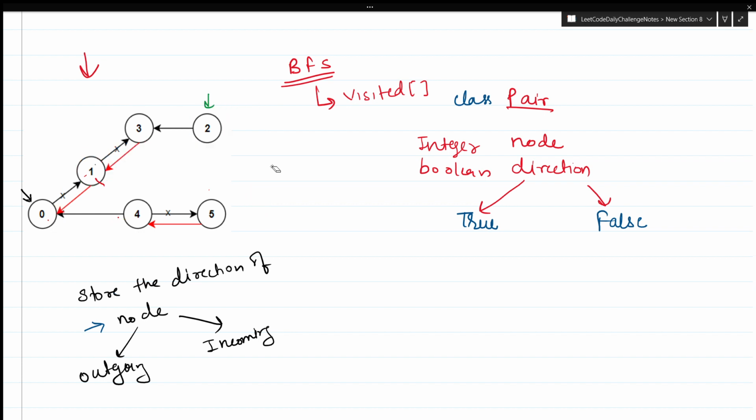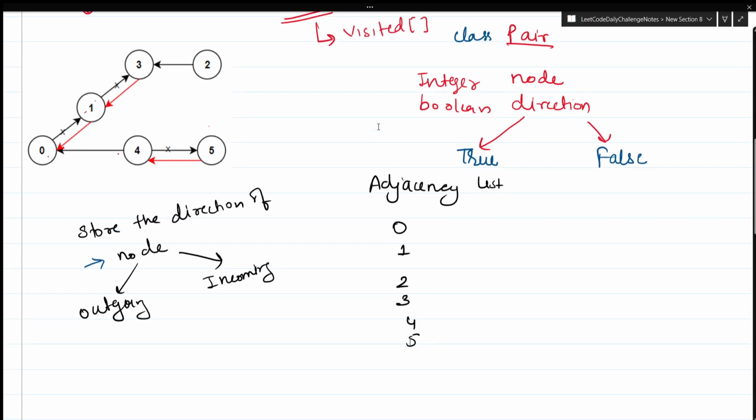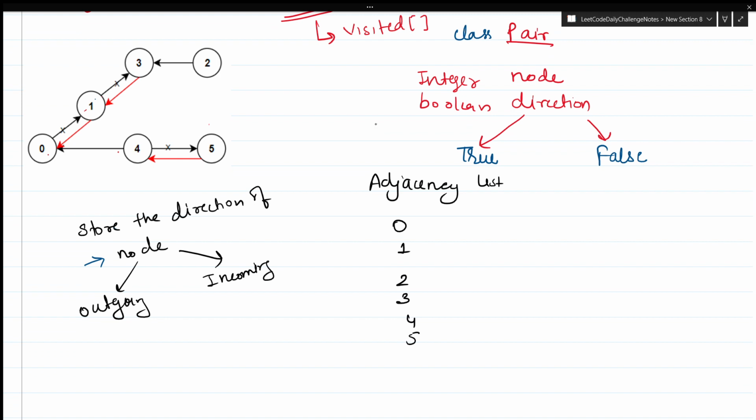Let me create an adjacency list. How many nodes are there? Total 5. Let me scroll a little bit down. 0, 1, 2, 3, 4 and 5.